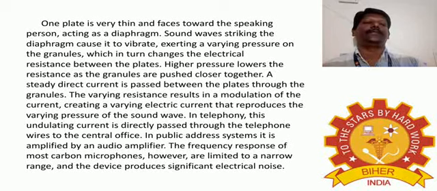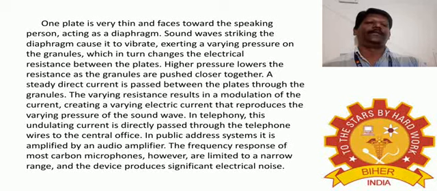A steady direct current is passed between the plates through the granules. The varying resistance results in a modulation of the current, creating a varying electric current that reproduces the varying pressure of the sound wave.